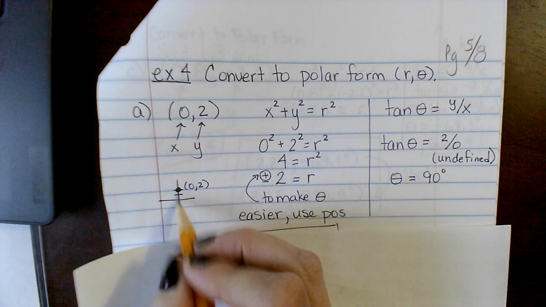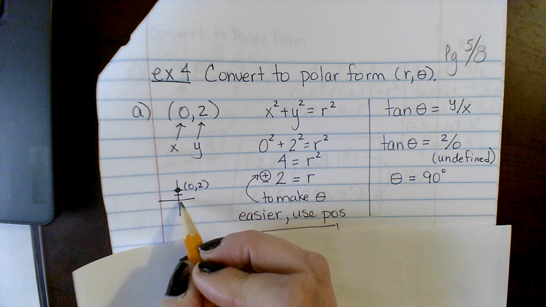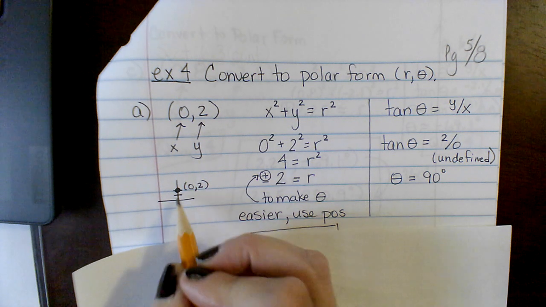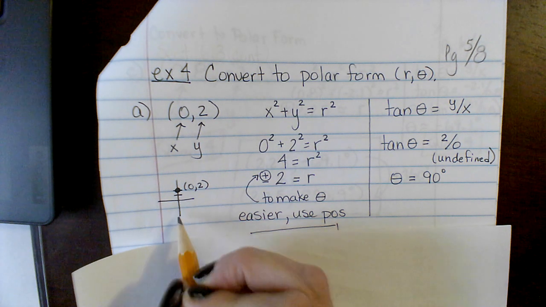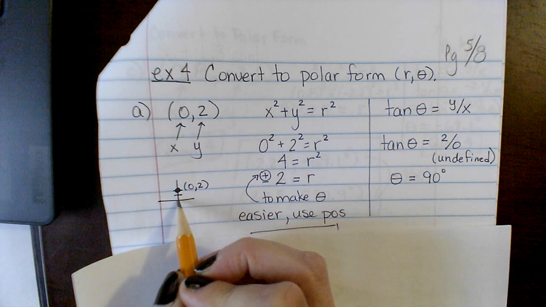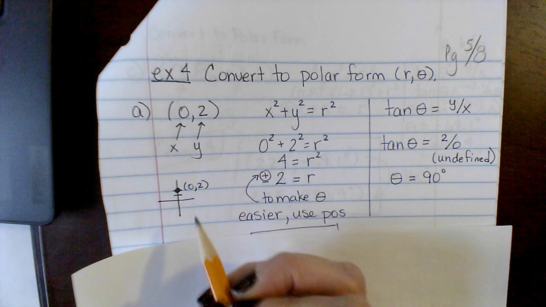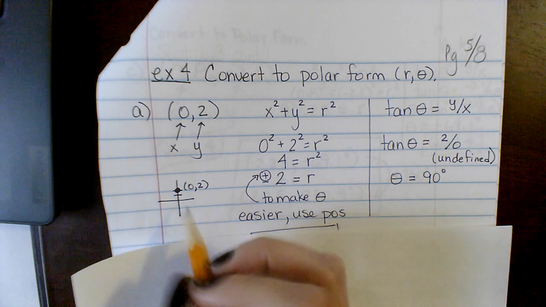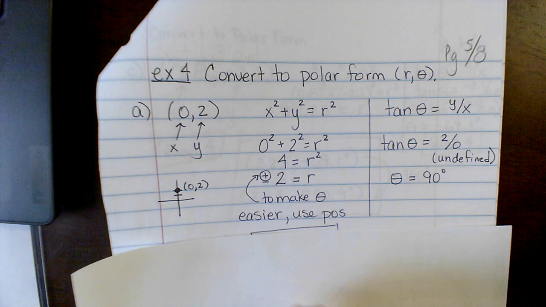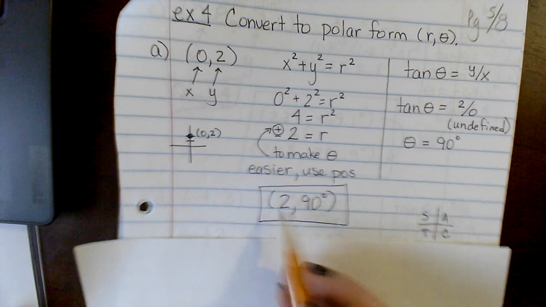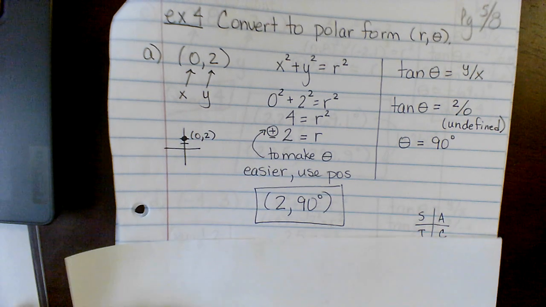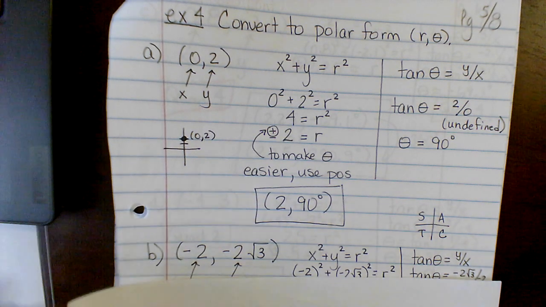So this one's actually pretty easy to do compared to some of the other points. If the point happens to be on one of the axes, we can just look at it and say, hey, that's 2 units away from the origin or the pole, and that's along that 90-degree route. So we get that polar form of r comma theta, 2 comma 90 degrees.